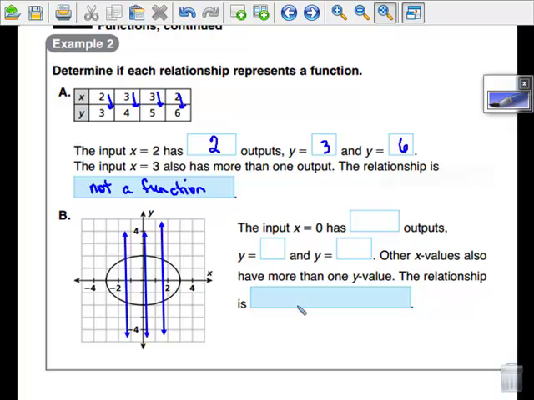Just looking at the vertical line test, it fails right here and here, there, there, etc. So the relationship is not a function. We came up with two that are not functions. Here the input 0 has 2 outputs, y equals 2 and y equals negative 2. And the other ones also have more than one y value, so again, it's not a function.